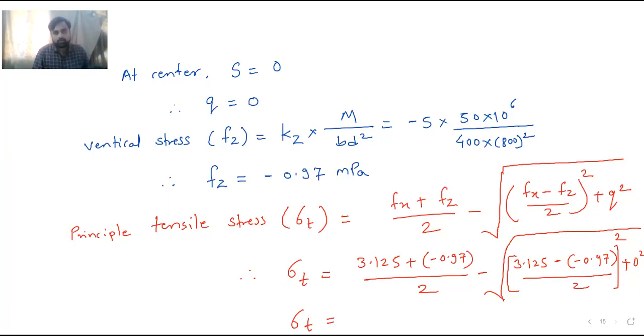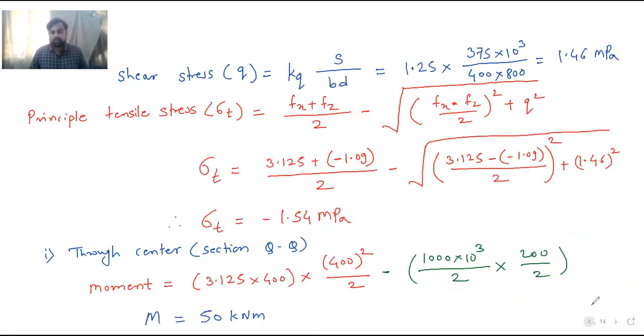What is the answer? Minus 0.97. Okay, so sigma t is minus 0.97 MPa. This is the value of sigma t, the principal stress. So we have calculated the principal stress.